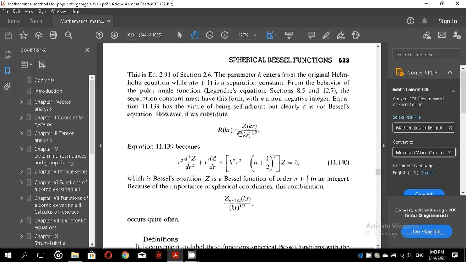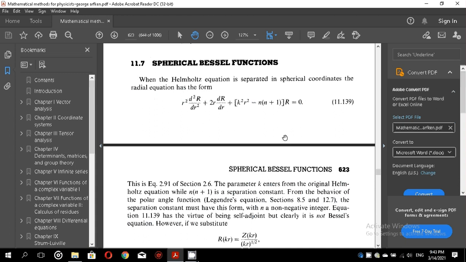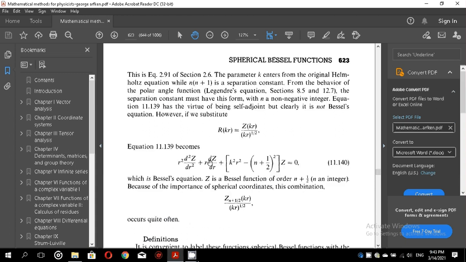Okay, so this is the transformation that we define: R as a function of kr is given by Z of kr. When we use this transformation in equation 11.139, and you can see all these steps done in my notes, you will have to consult my notes for these steps which are not shown here in the book.